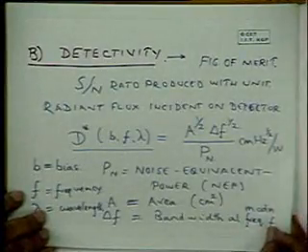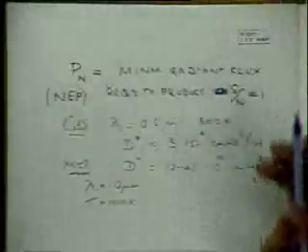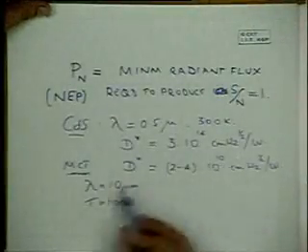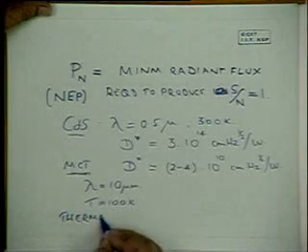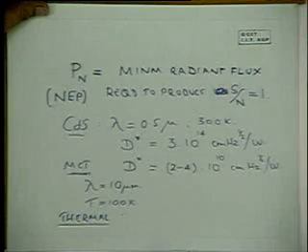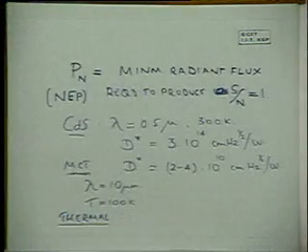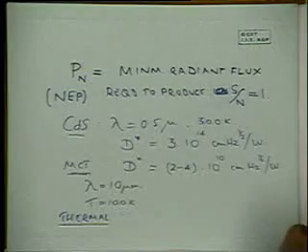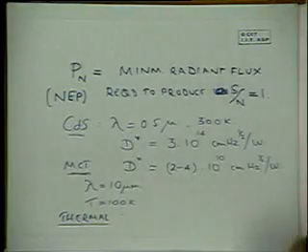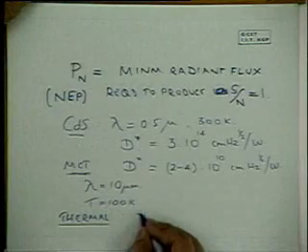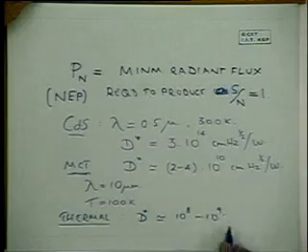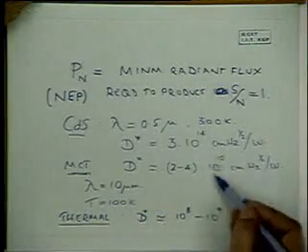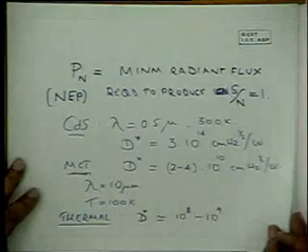Broadly speaking, quantum detectors have higher detectivities than thermal detectors. Generally speaking, thermal detectors have detectivities of the order of about 10^8 to 10^9, compared with 10^10 for quantum detectors.